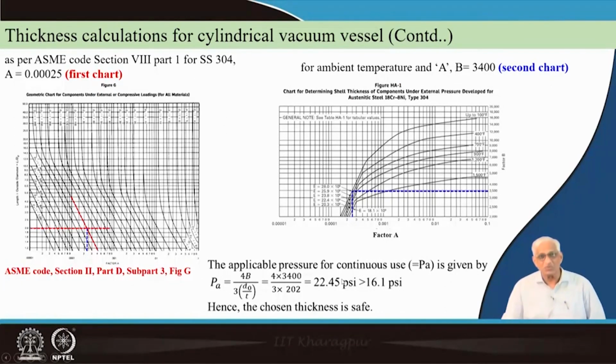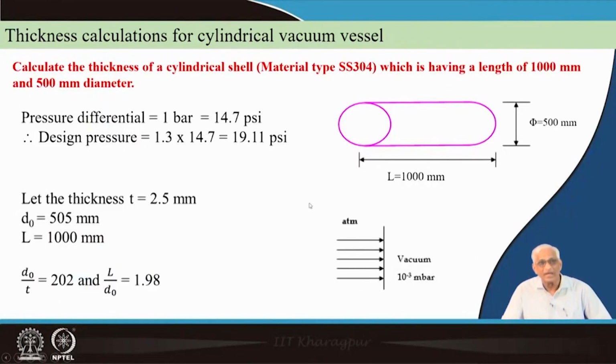And if that value given in the units of PSI is more than the safe value, that is 16.1 PSI, we got it for any vessel, for vacuum vessel, 16.5 type of PSI is the safe pressure, or even 1.3, 19.11 for example. How much safety you want to take, it is up to you. If you take 1.3, it is 19.11. If you take 1.2, it is different. Roughly 1.3 is a safe value to take.